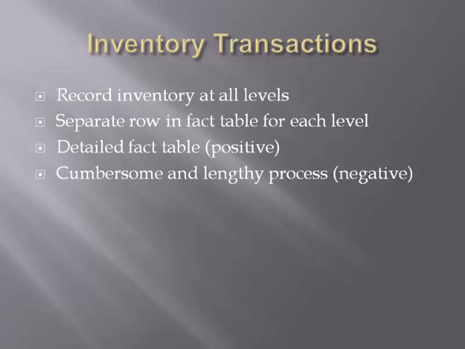This could include receiving product, place product on hold, release product from hold, return product to vendor on failure, place product in bin, package product for shipment, ship product to customer, receive product from customer, customer returns, remove product from inventory. However, the downside of this model is it's a lengthy and cumbersome process.